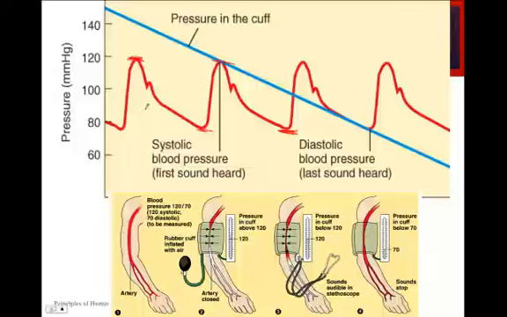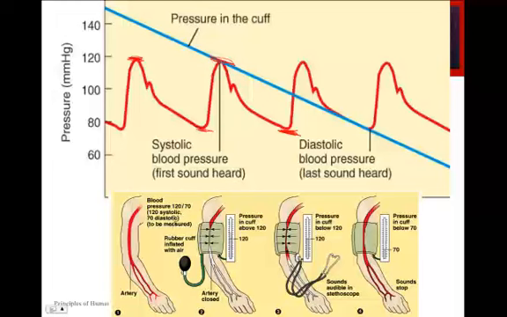But really, what I want you to know is that your systolic pressure is when the ventricles are contracting, that's your highest pressure, and diastolic pressure is your lowest pressure, when the ventricles are relaxing. They tell you that an average blood pressure would be 120/70, but they don't even like to consider that average, because each individual is going to be different.